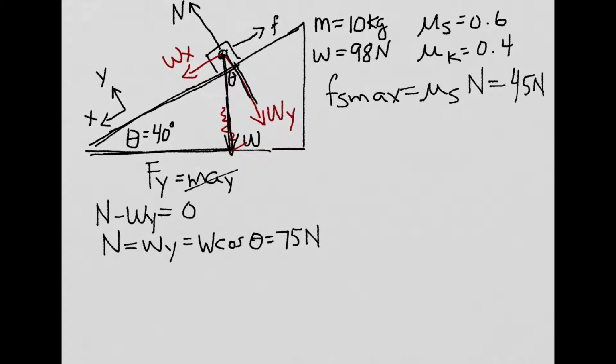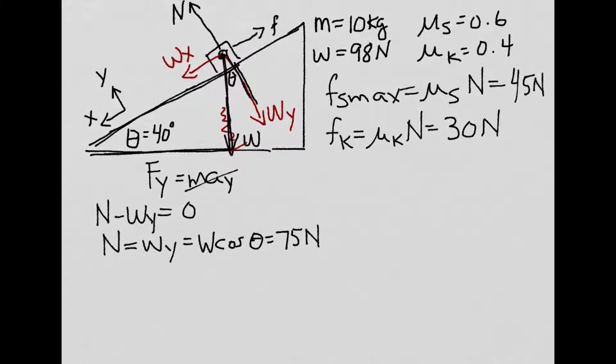So the maximum available static friction is 45 newtons. If the object's moving, then the kinetic friction is the kinetic coefficient times N, equals 0.4 times 75. This turns out to be 30 newtons. Okay?